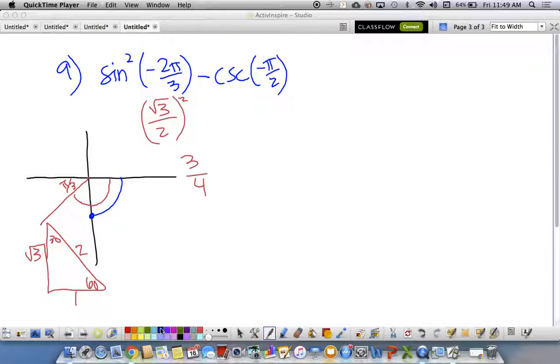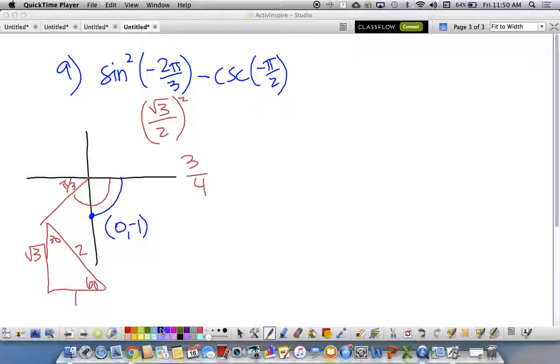Okay, do you remember what we did when we had these points on quadrantal angles? Could I pick a point right there? 0, -1. What's my r? The radius.